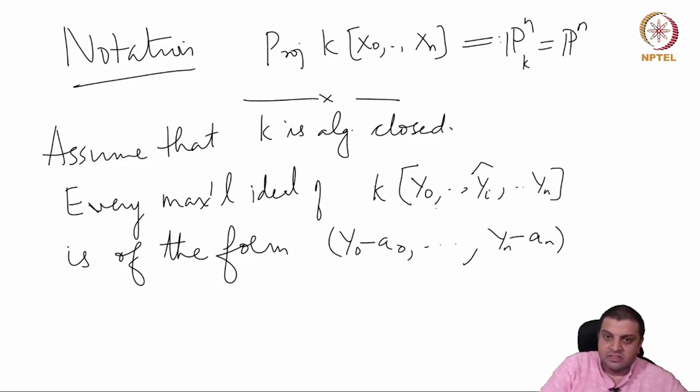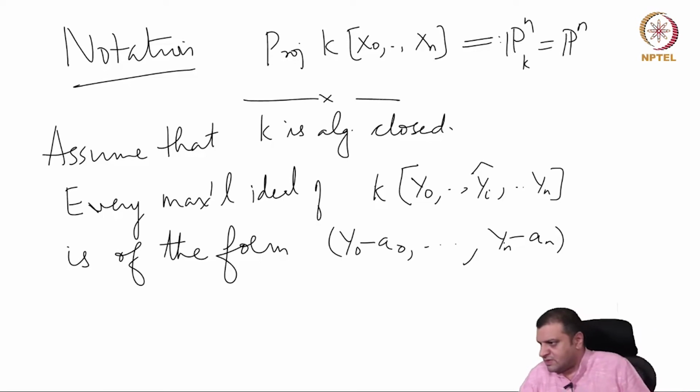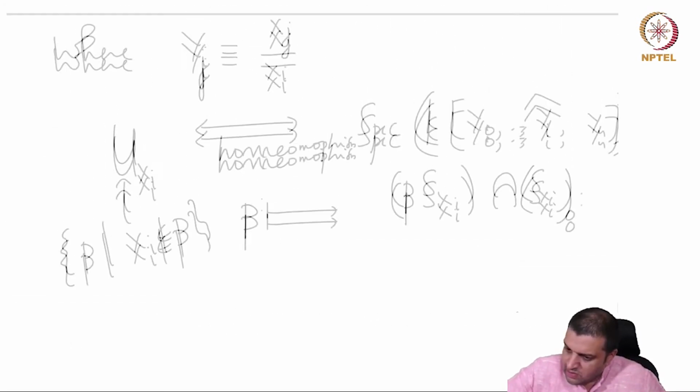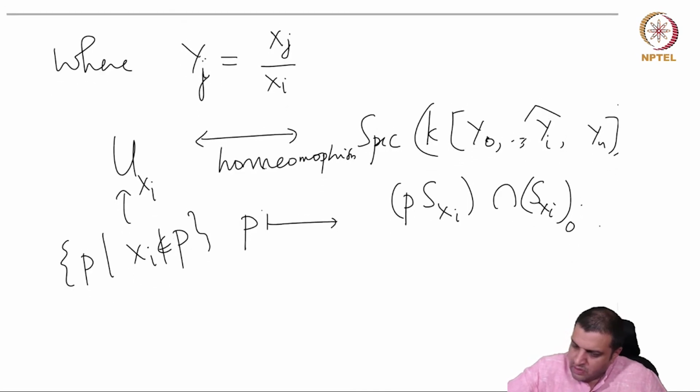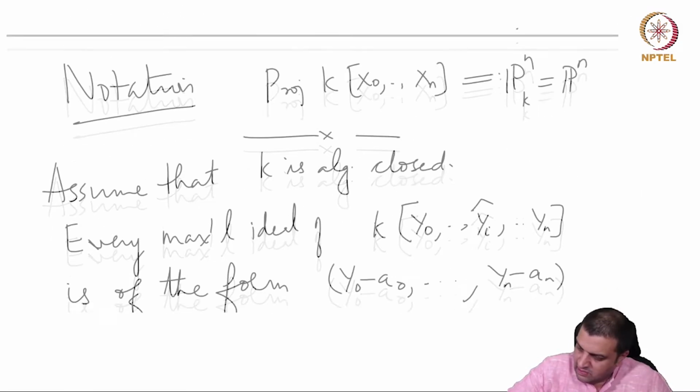There is no ith term, there are just n terms. Now we can work backwards through this and see what P is.